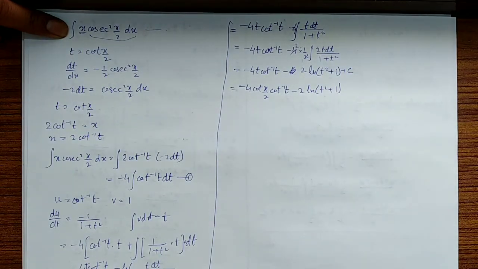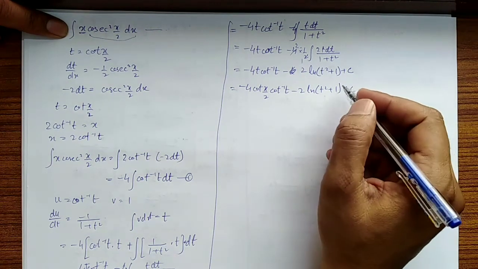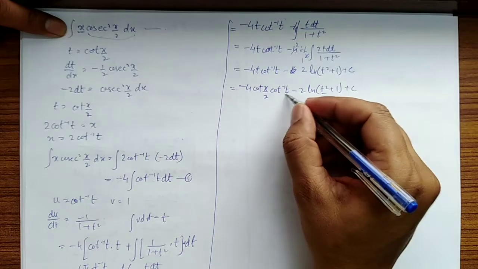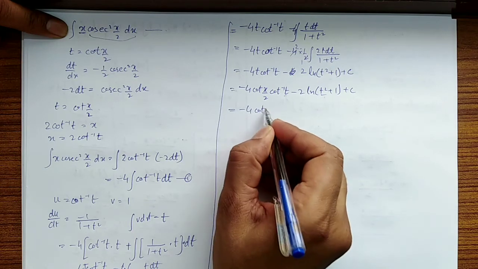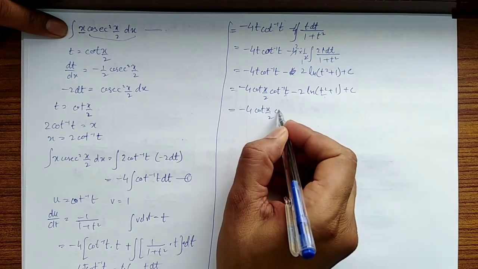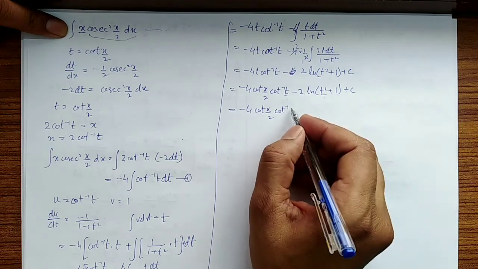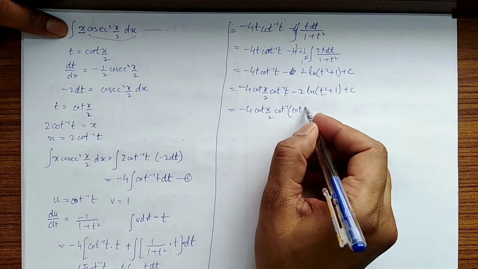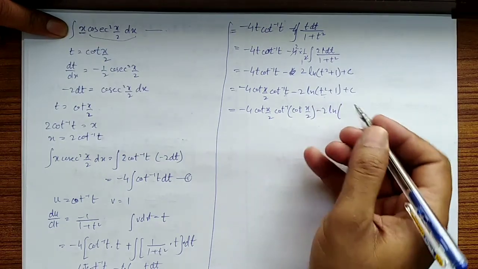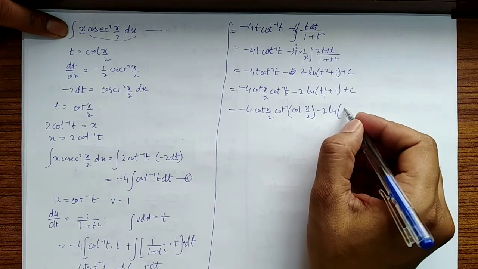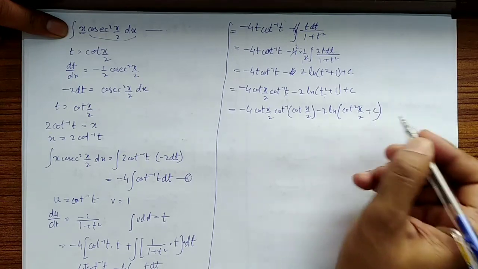We can now write again, in place of t here and here, we are going to replace the value of t: minus 4 cot x upon 2 cot inverse of cot x upon 2 minus 2 ln of cot square x upon 2 plus c.